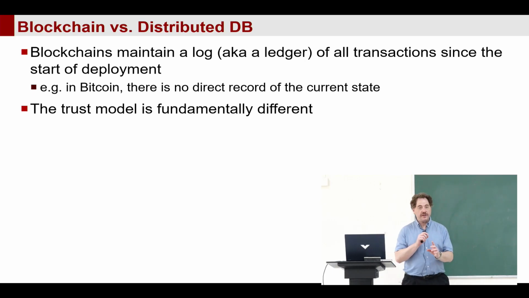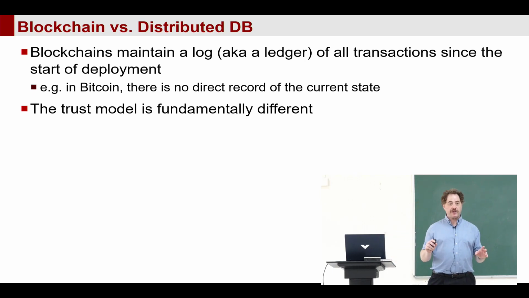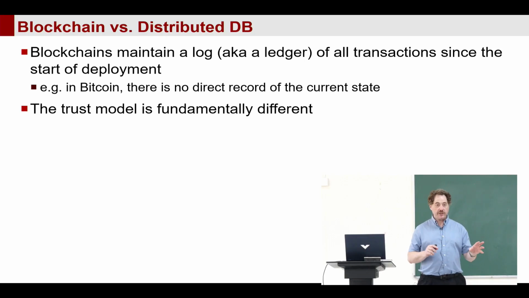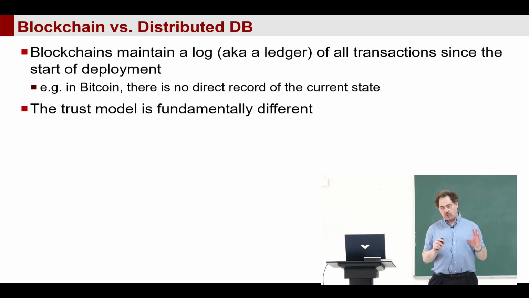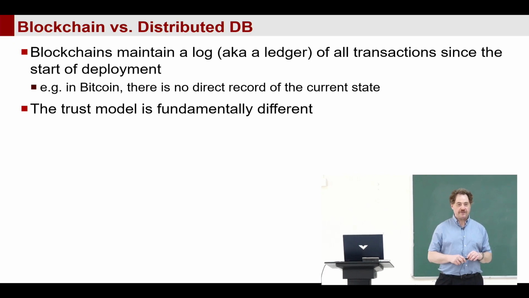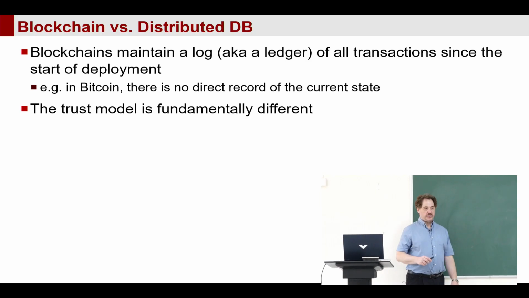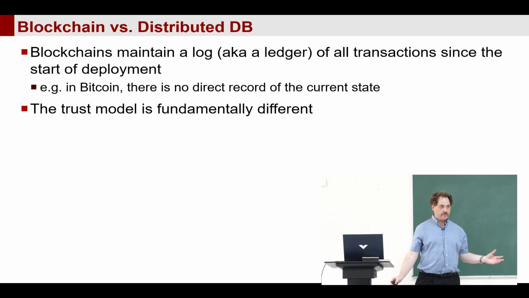So you need to be very careful. When you design a blockchain application, you need to think twice about what you want to put on blockchain and what you do not want to put on blockchain. You don't want to put data on blockchain just in case. So that's another difference from databases, which are organized to store large volumes of data.